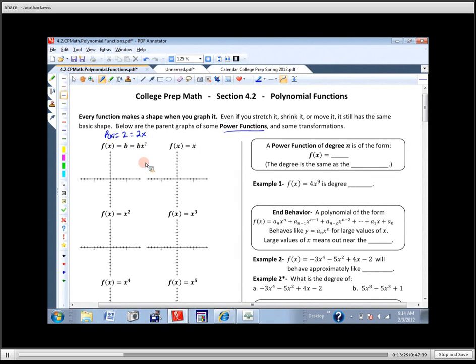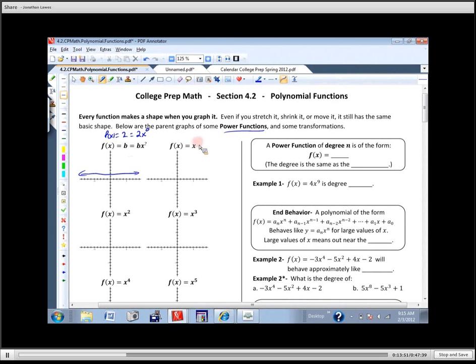How can I make that turn into a 1? 0. Very good. Okay. Put a 0 on there. Okay. So this is like a power function where the exponent is to the 0 power. Okay. So this is going to be just this line right here. Okay. This is another way of describing those parent graphs that we talked about earlier. It's a horizontal line. Okay?